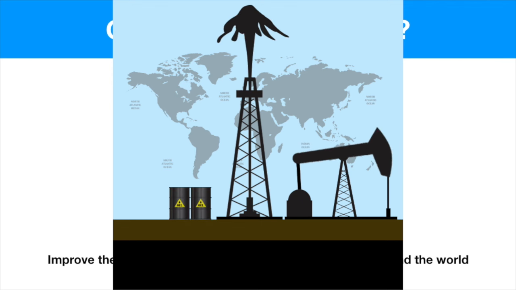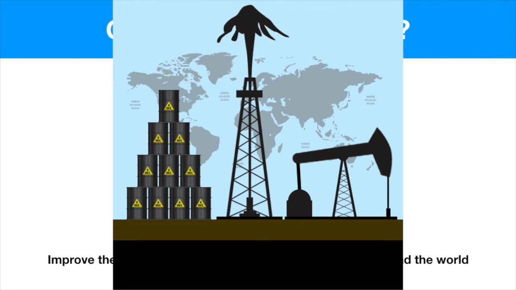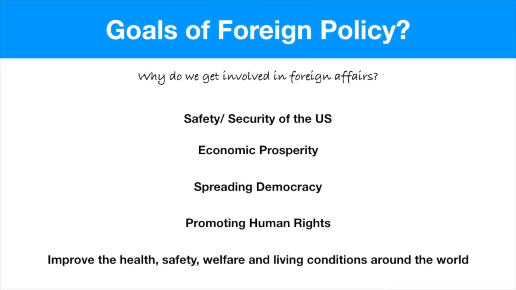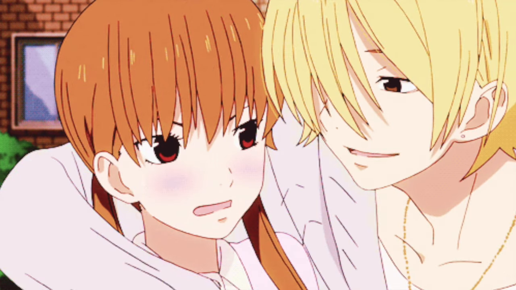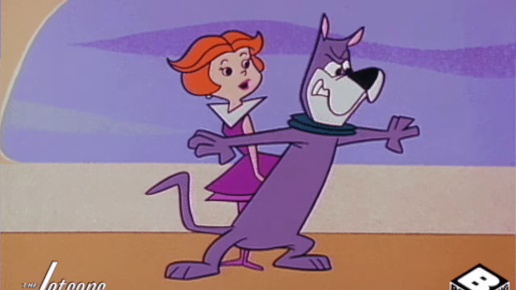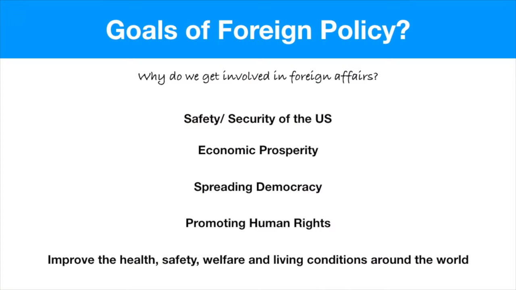And if we can use our foreign policy to befriend another nation and get a better deal on prices, that's going to benefit the economic prosperity of all the citizens involved. And that might be a reason for getting involved in foreign affairs, especially if the nation that produces oil for us is having trouble with another nation. They're being bullied by another nation. Well, the United States might step in and protect them in order for them to receive the economic prosperity.